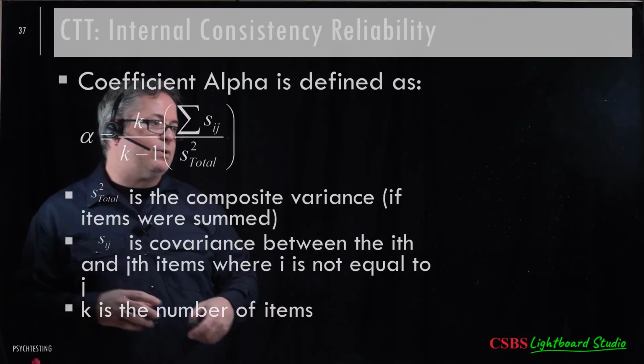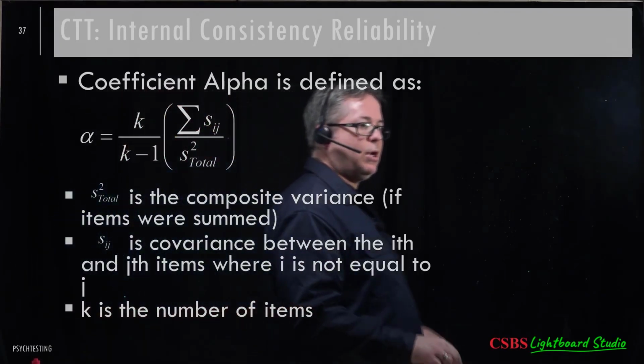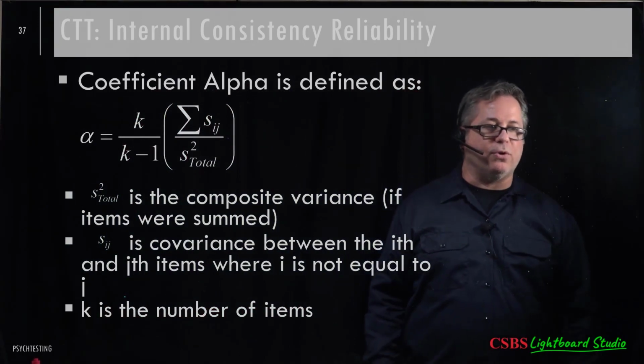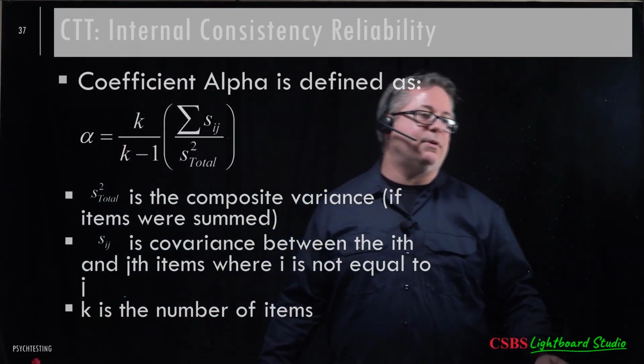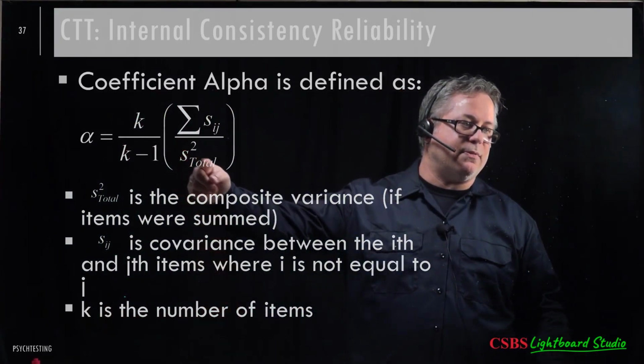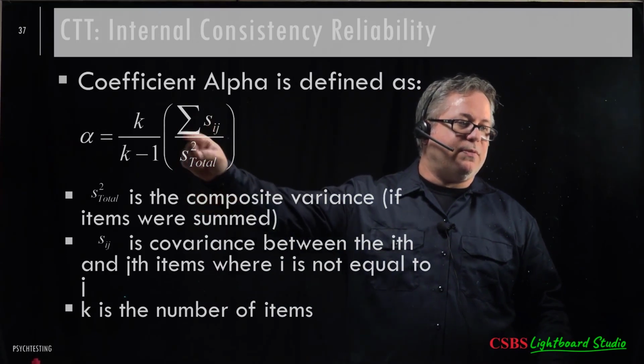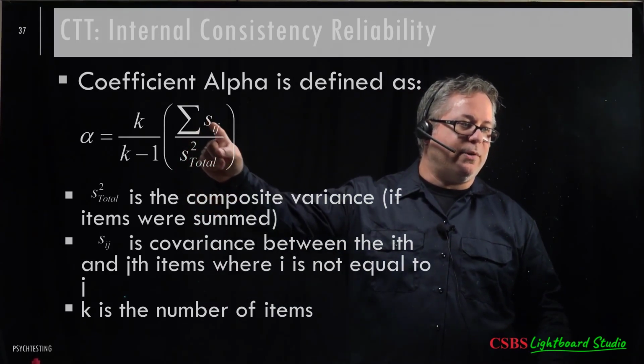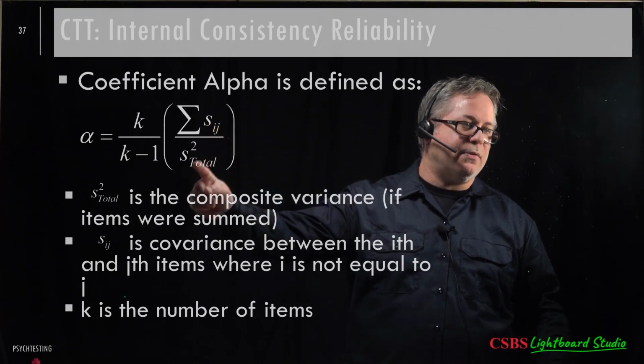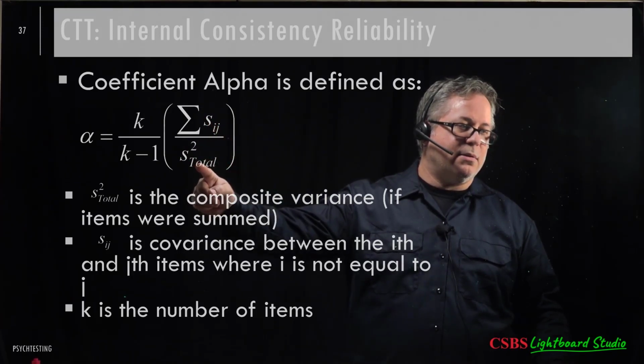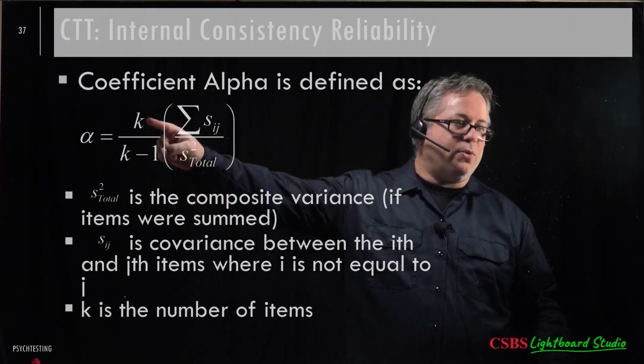So this measure says the sum of Sij over the sum of the variance of the total. This is the sum of all covariances. This is the composite variance. And we're now controlling for the number of items.